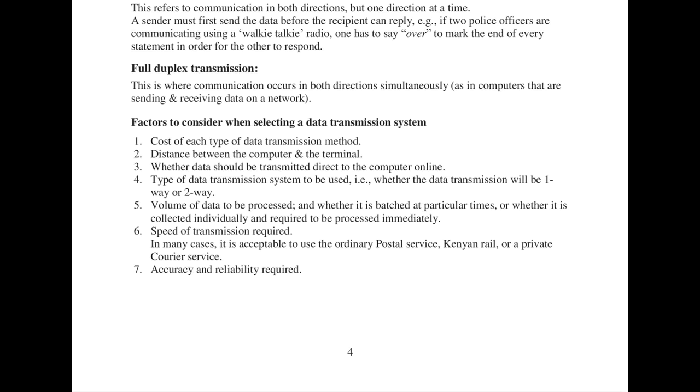On the other hand, speed of transmission. In many cases, it is acceptable to use ordinary postal service or railway or private carrier like G4S or Wells Fargo. Also, accuracy and reliability required. So those are the factors to consider.